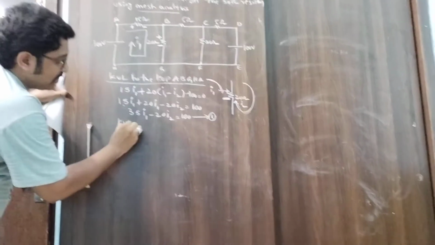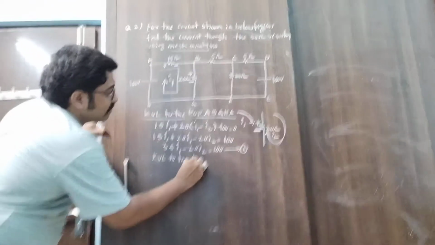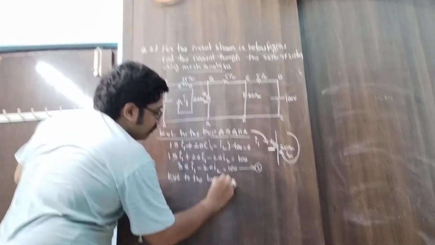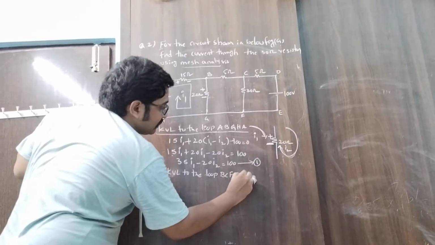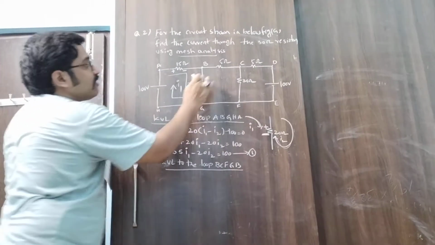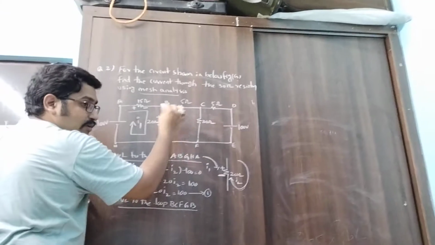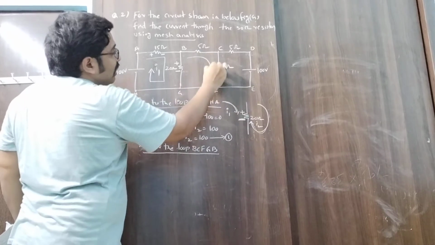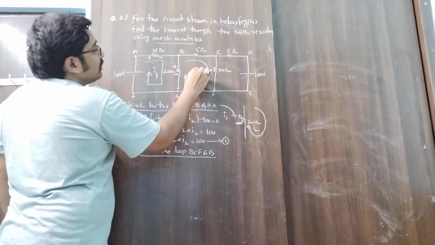Applying KVL to the loop B, C, F, G, B. So you are traveling from B to C. When you are writing the second loop current equation, you should give the priority to the second current.